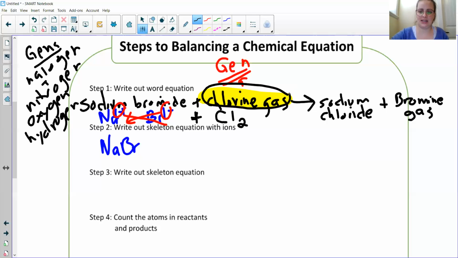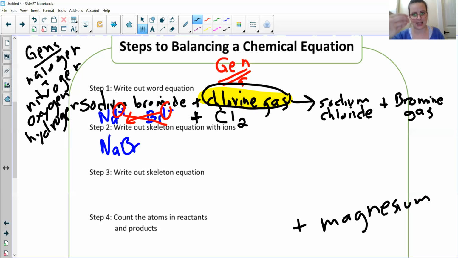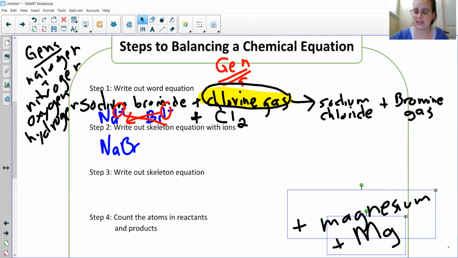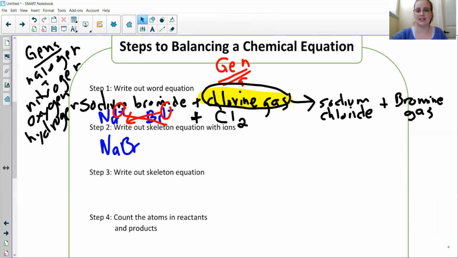If this said something like plus magnesium, well, magnesium doesn't end with the ending gen, and if you look it up in the periodic table, it's not in that second to last column beside the noble gases. It's not a halogen, so it would just be plus Mg. And that's it. You wouldn't put a little subscript 2 there, you would just leave it as is. But if it's any of the halogens or any of the atoms or elements that end with the ending gen, you can't just leave it by itself. There has to be two of them.